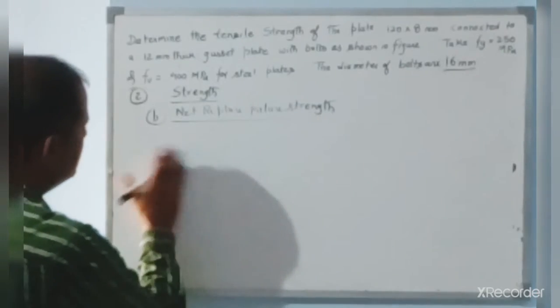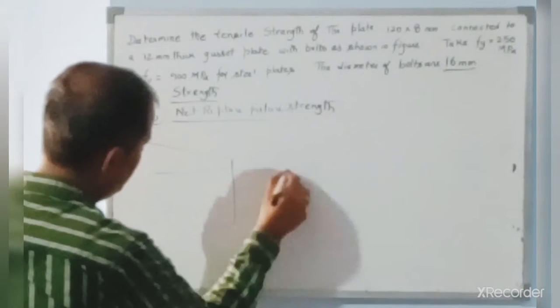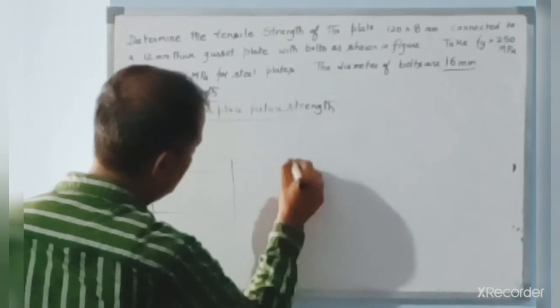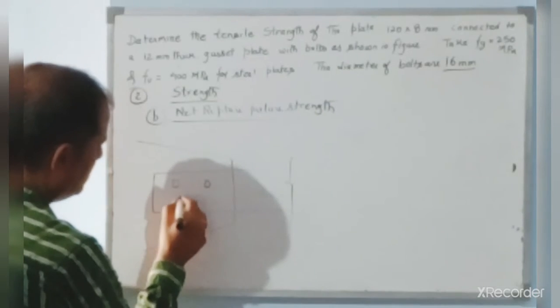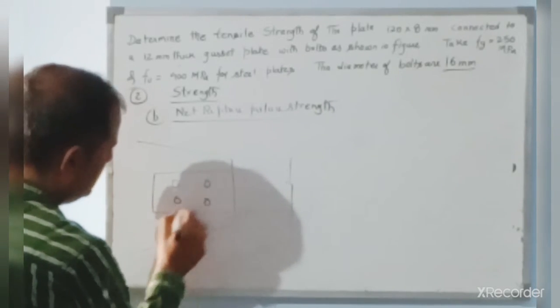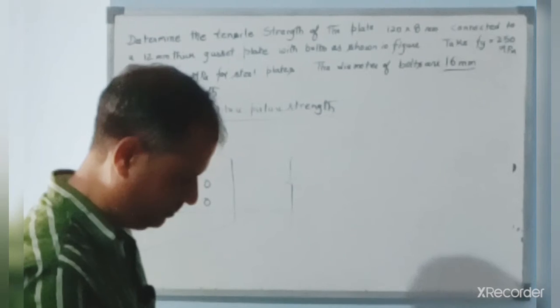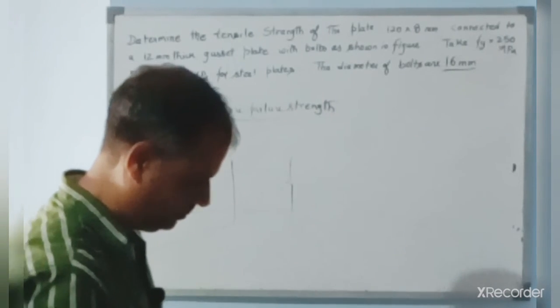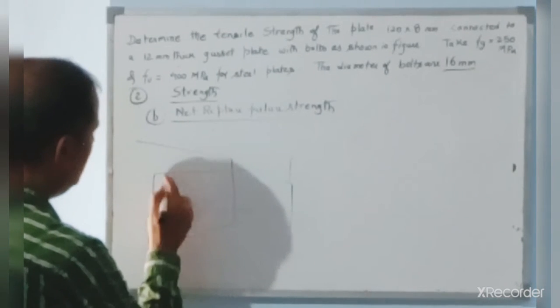So at connections, we have a gusset plate and a tension member connected with the help of bolts like this.